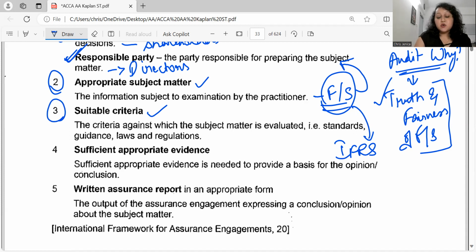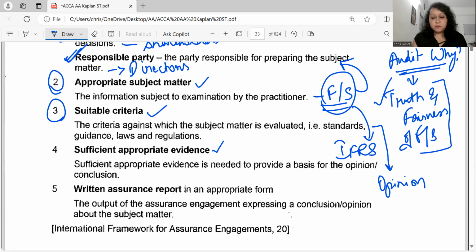Fourth element is that, once I have audited the subject matter against the suitable criteria, now I'm coming up with a conclusion, that is an opinion on the financial statements. Can I directly give out an opinion on the financial statements? No, I have to give a proof with the evidence. I have to collect the evidence for whatever opinion I'm going to give. Any opinion it might be, but it should be given a proof with appropriate evidence.